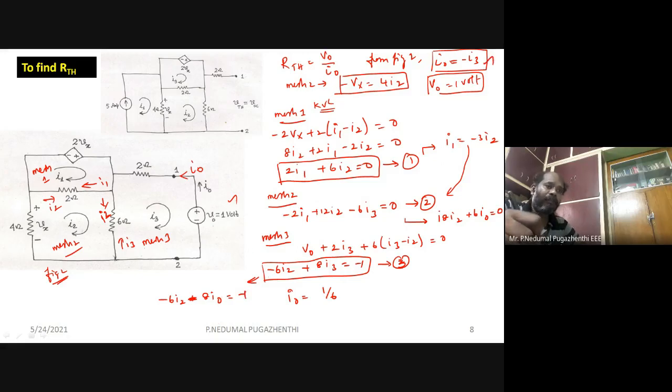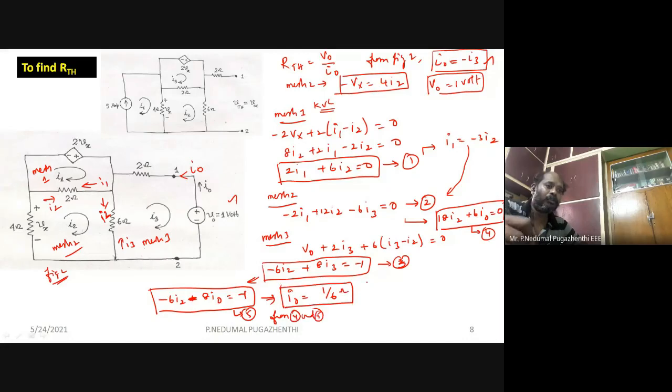So I will have two equations: 18 I2 plus 6 I naught is equal to 0, and minus 6 I2 plus 8 I naught is equal to minus 1. Let us name this 4 and this 5. From 4 and 5, I will get I naught is equal to 1 by 6.